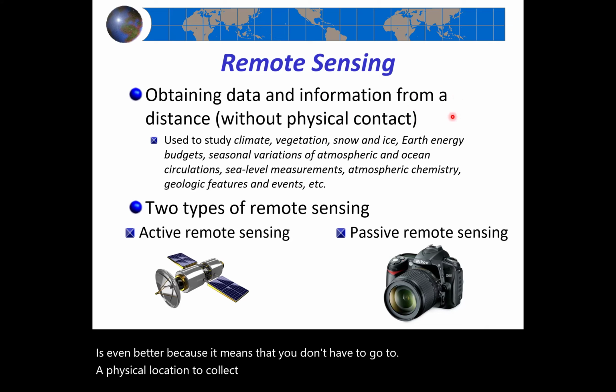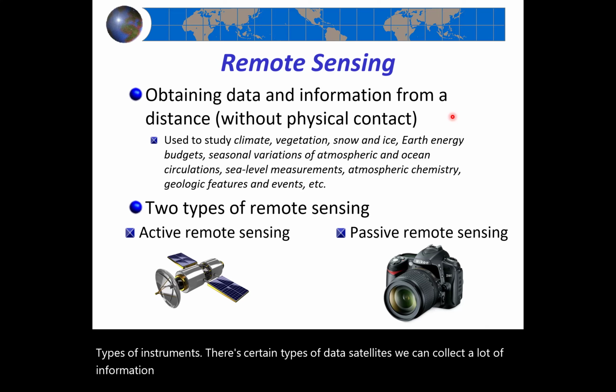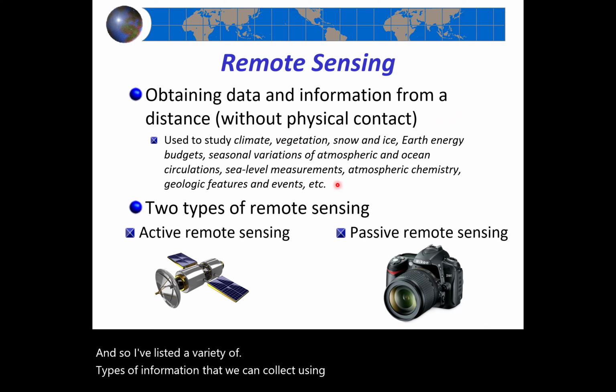There are certain types of instruments, certain types of data, satellites. We can collect a lot of information using instruments like this, and we don't have to go there. And so I've listed a variety of types of information that we can collect using remote sensing.